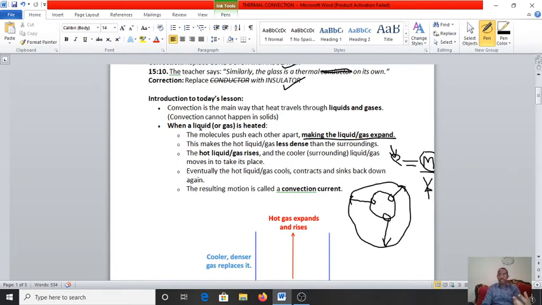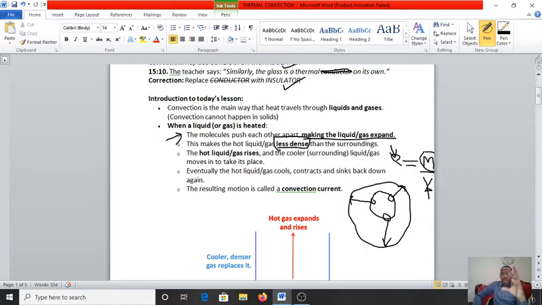We said when you heat a liquid or a gas, number one, it undergoes thermal expansion. So when that fluid expands, it becomes less dense. It becomes less dense. And we have explained why it becomes less dense: because keeping the mass constant, the density is inversely proportional to the volume, from that formula we have seen.